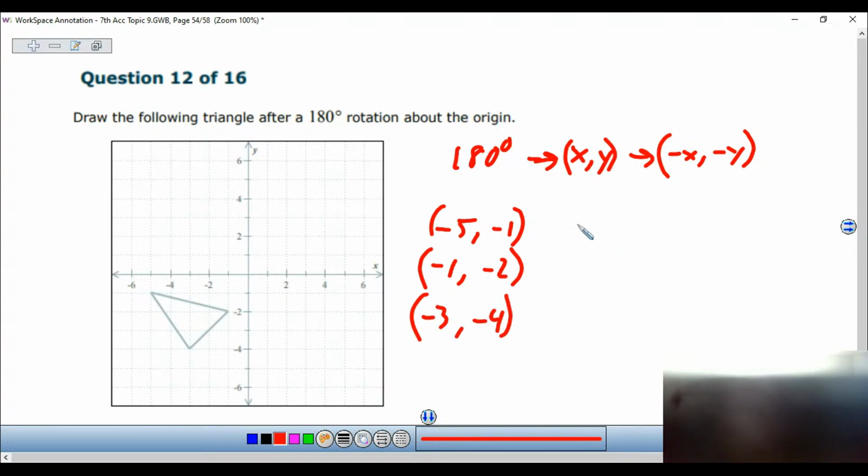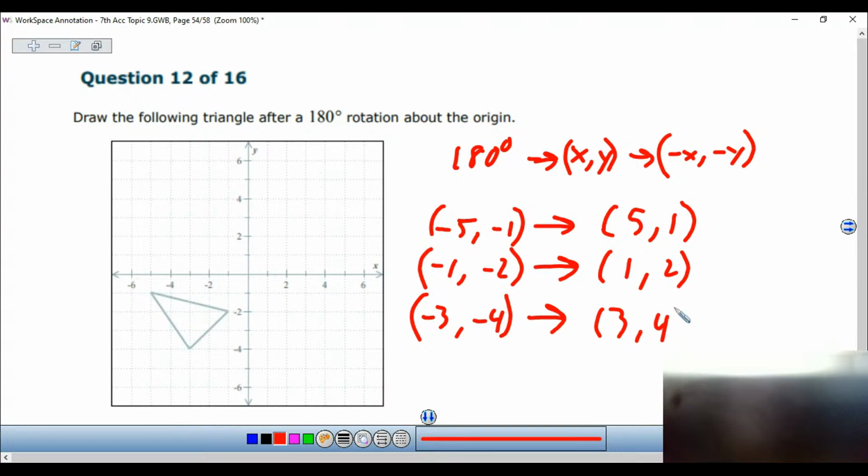So again, when we rotate them 180 degrees, they stay in the same place, but they're basically going to get the opposite sign. Since these are all negatives, they're all going to become positive. It'll be 5, 1. This is 1, 2. And this is 3, 4. Those are the new points. Let's go ahead and graph them.